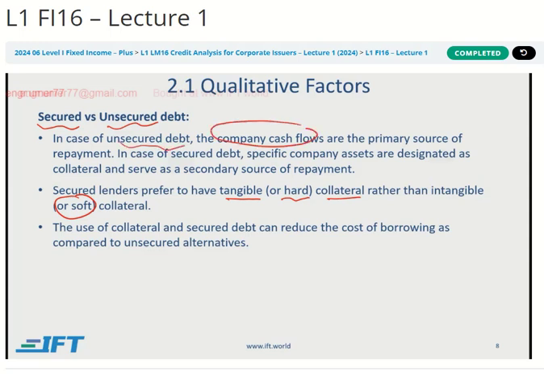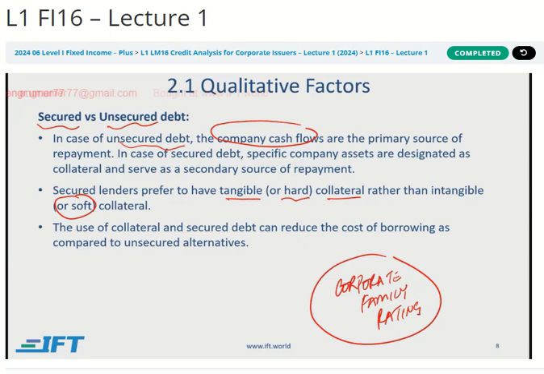And why this is really important is because at the beginning of this video, what I talked about is something called a corporate family rating, right? And this is something I want to keep re-emphasizing throughout this learning module: there will be a rating given to the entire corporate family, which is the company. And then let's say this corporation has some secured bonds and some unsecured bonds.